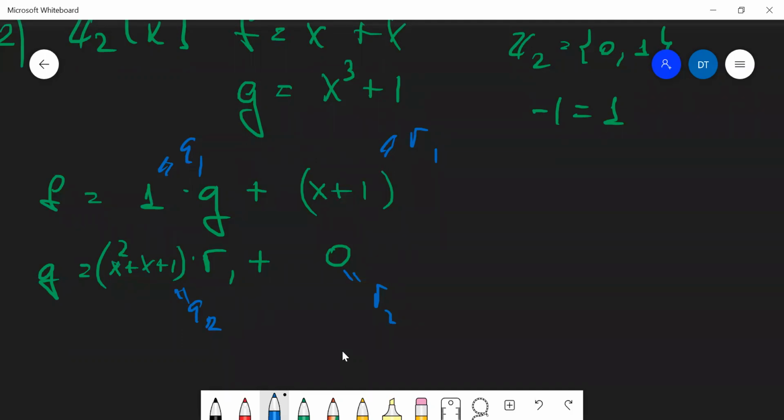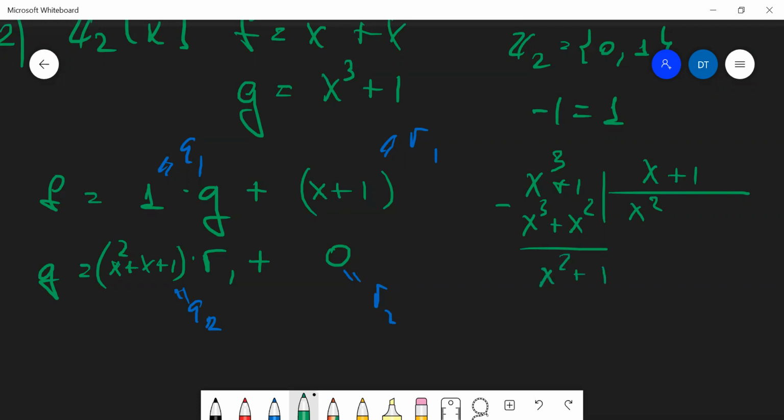Okay, but I just want to add one remark. When you divide in Z2, so for example, you want to divide x cubed plus 1 by x plus 1, what would you do? You do exactly the same algorithm as with usual polynomials. You multiply by x squared, and you will get x cubed plus x squared, and then you subtract, but there is no difference between subtraction and addition, so the result will be x squared plus 1.